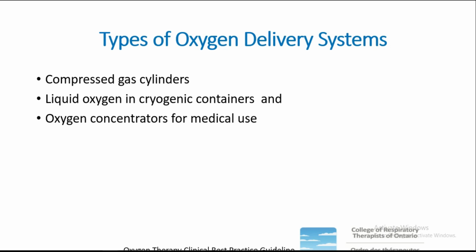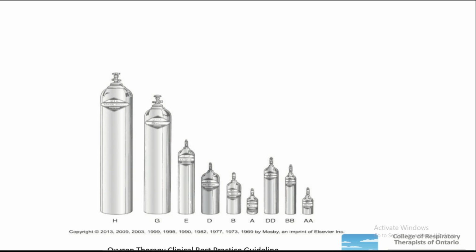Types of oxygen delivery systems. The types of oxygen delivery systems are compressed gas cylinders, liquid oxygen in cryogenic containers, and oxygen concentrators for medical use. Here you can see multiple sizes of oxygen cylinders which are commonly used in wards.